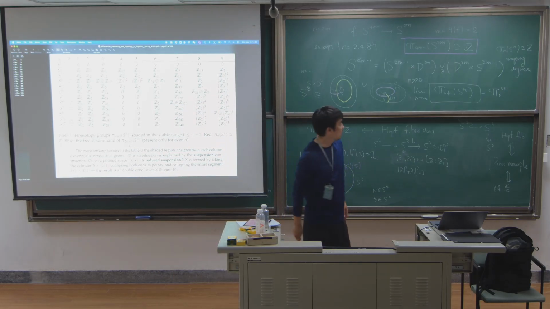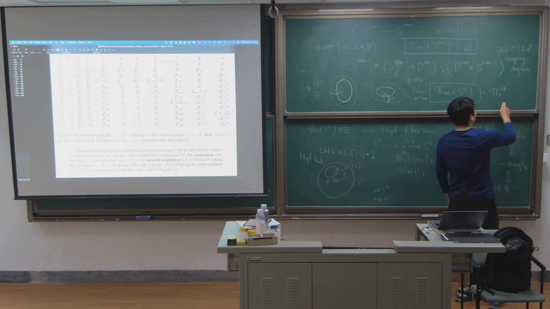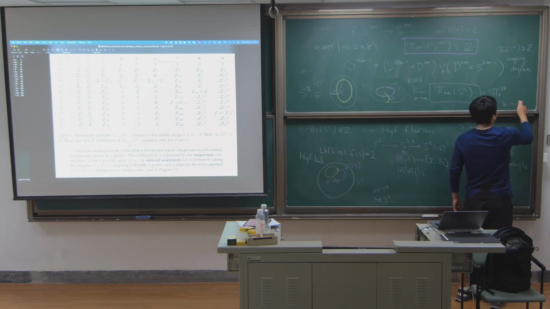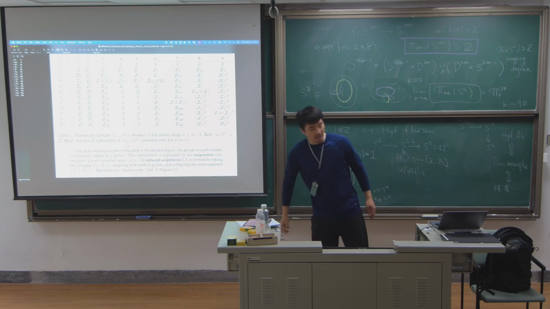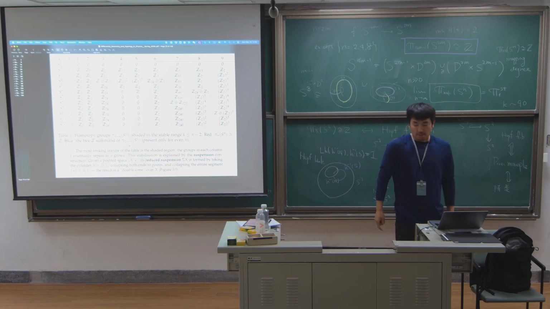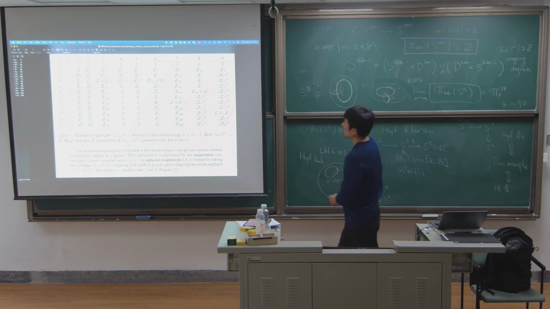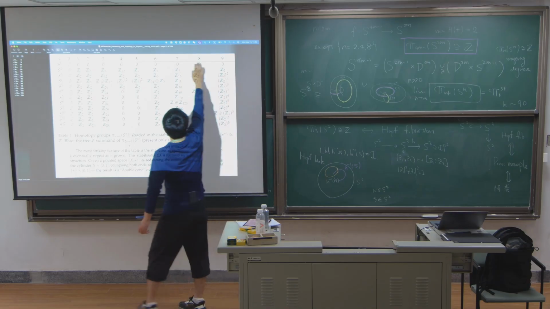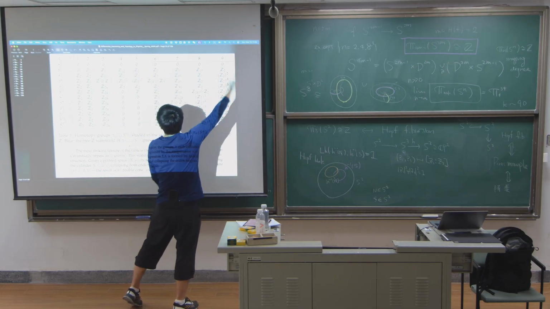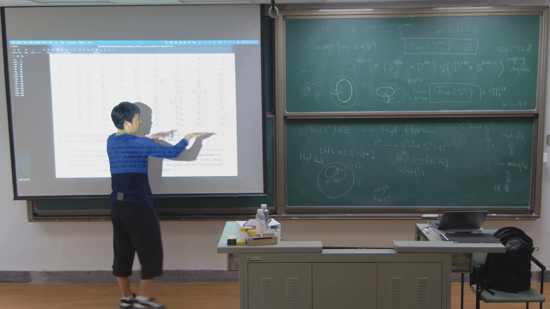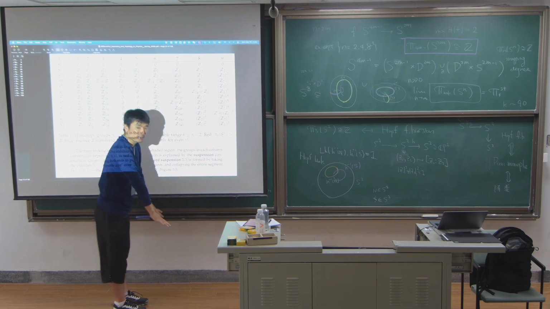Okay, and this is known up to k around 90. The higher k is an open problem. The computation around here is very difficult when you increase k. But the stable homotopy group is relatively easier.